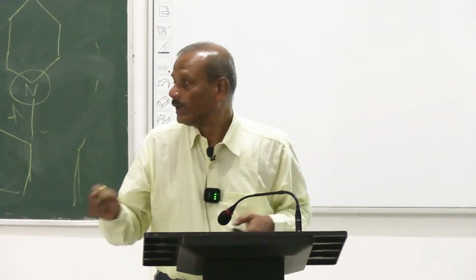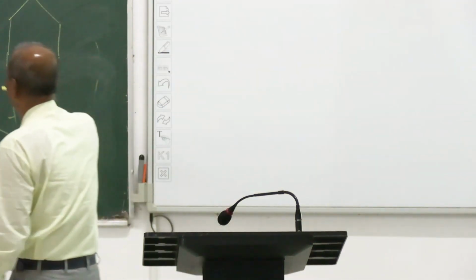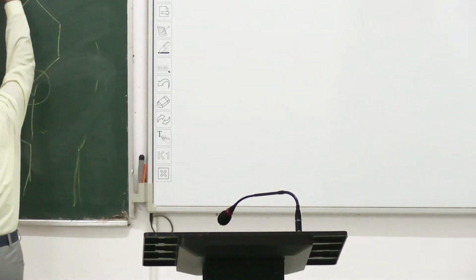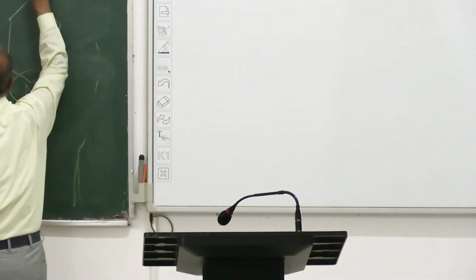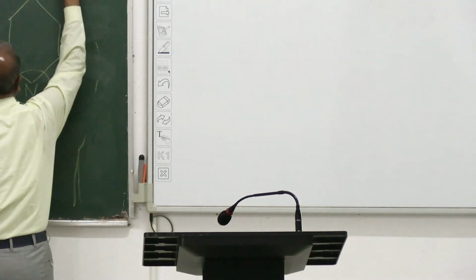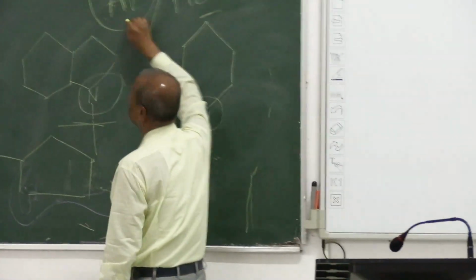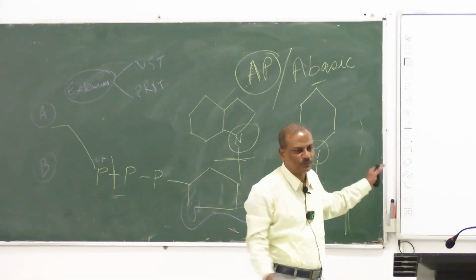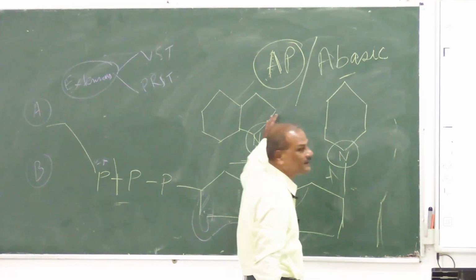So if they have an AP lyase activity, once this part is removed, an AP site is formed. AP site means a basic site, an apurinic or apyrimidinic site, will be formed once this structure is removed.